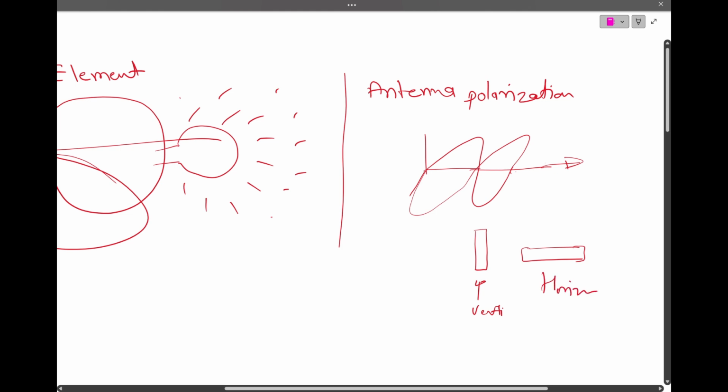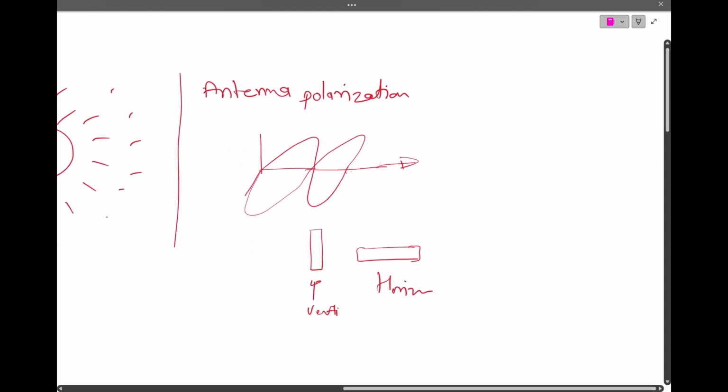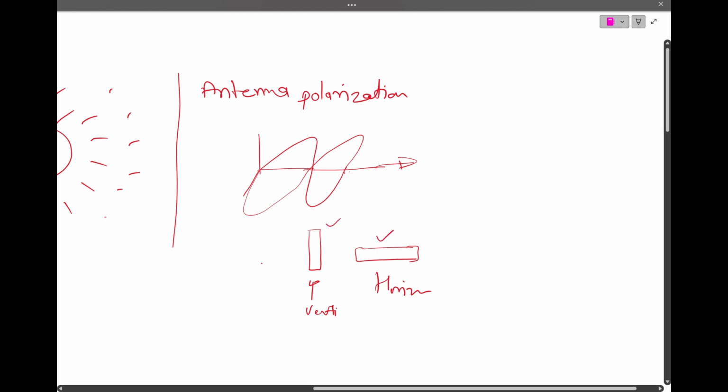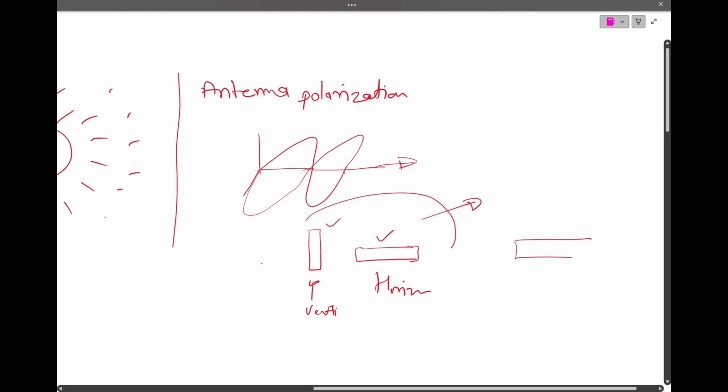In both cases the electric field plane will be different. In vertical and horizontal, the electric field will be orthogonal to each other, and this property can be utilized to place two antennas together having orthogonal electric fields with each other.